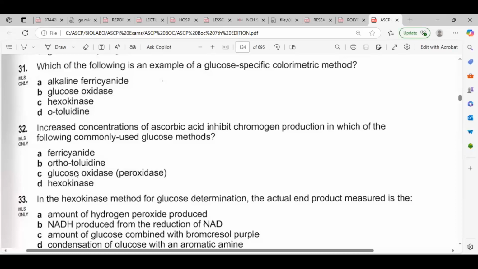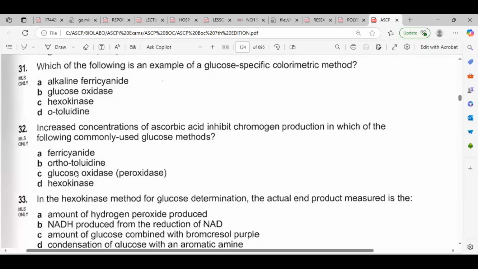Ascorbic acid will react with the chromogen, and it will inhibit the conversion of this chromogen into a colored compound. It will bind the chromogen when it is high in blood, so it reduces the ability of color production, because it binds these chromogens before hydrogen peroxide works on them.